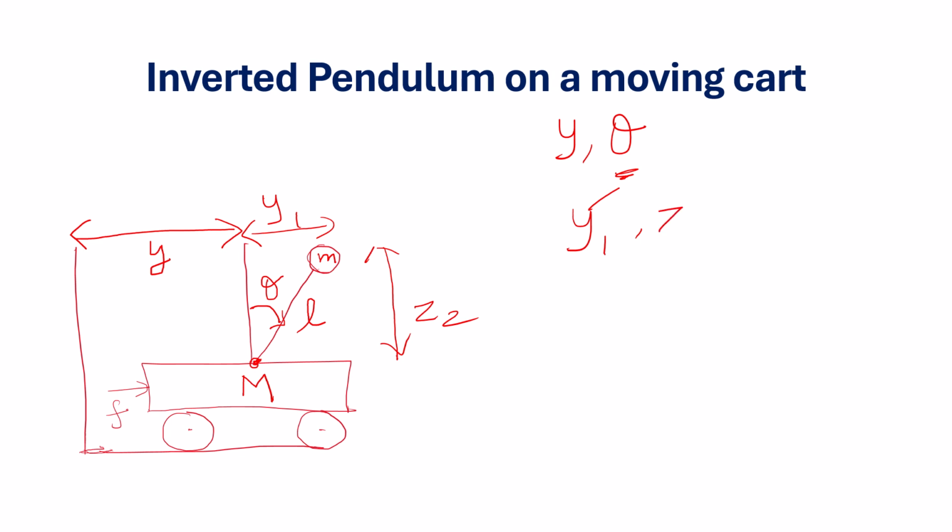So instead of theta, you can also use the horizontal distance of the bob or the vertical distance z2. This is very important because this system has only 2 degrees of freedom, so the dynamics should be in terms of these generalized coordinates.